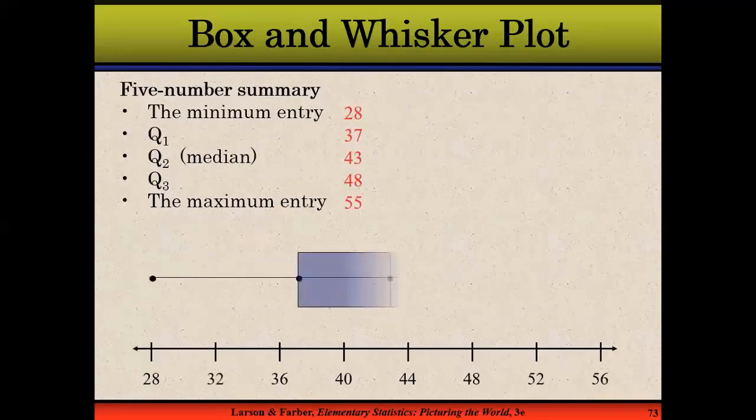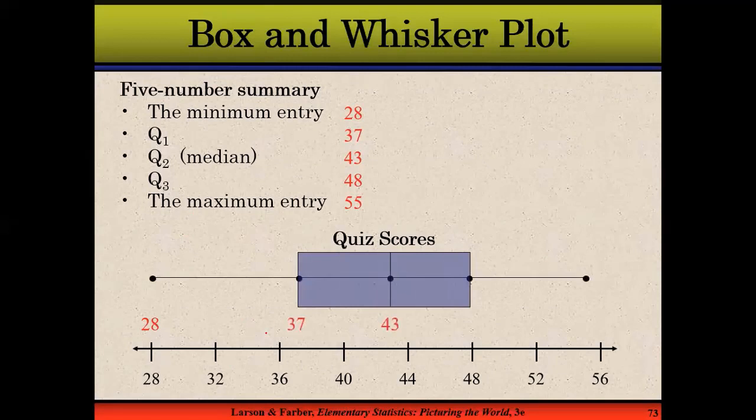So here we have an x-axis on which the values lie, and then we have the minimum value here and the maximum value, and we join them with a line, and then at the values of Q1, Q2, and Q3, we create vertical lines, and we join these vertical lines to create a box.